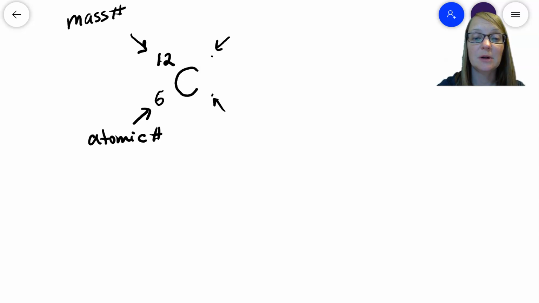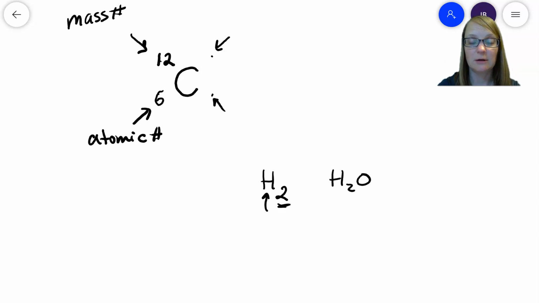If you have a number in the lower right-hand corner, this automatically tells you that what you're looking at is a molecule. You have covalent bonds here holding the atoms together. And it'll tell you how many of those atoms you have. So in a hydrogen molecule, H2, you've got two hydrogens. Or if you're looking at H2O, if you're looking at water.